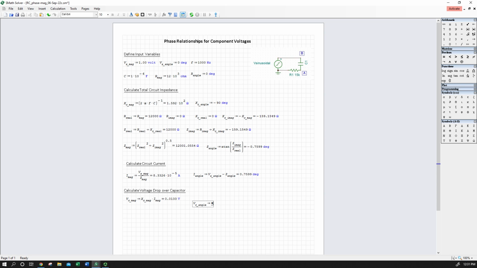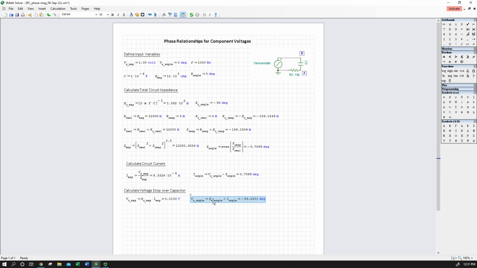That's my rules of polar arithmetic. So I'm going to have X sub C angle plus I angle. And I get another dimensionless value, which again automatically pops up in radians. So I say, give it to me in degrees.